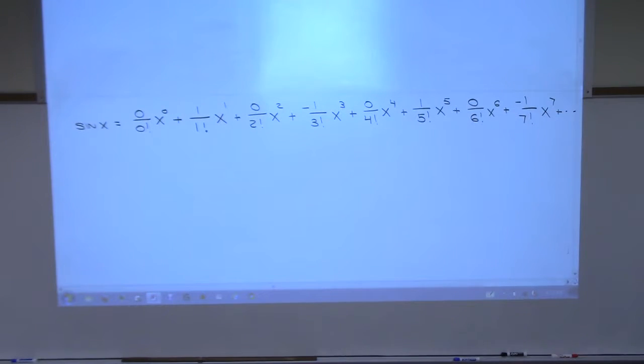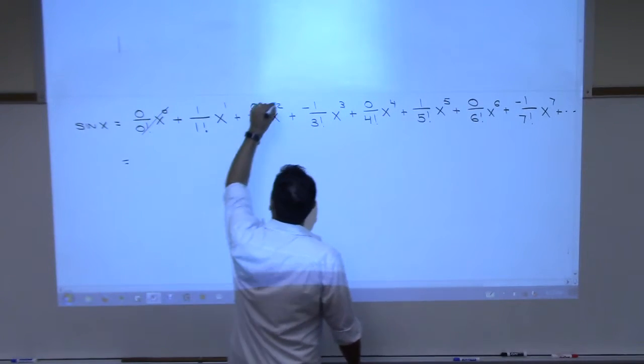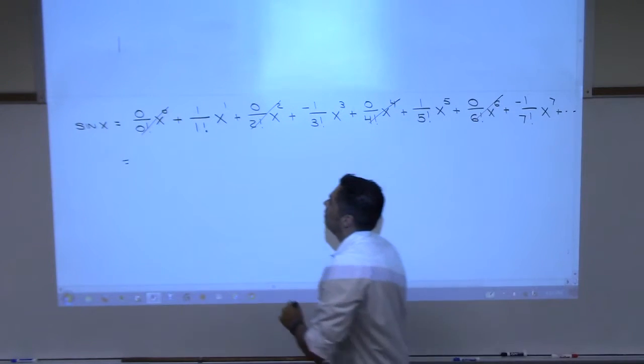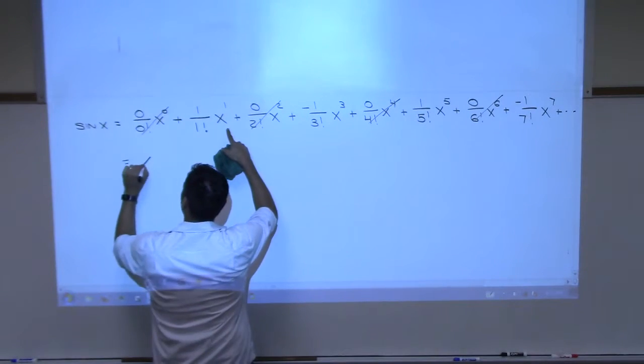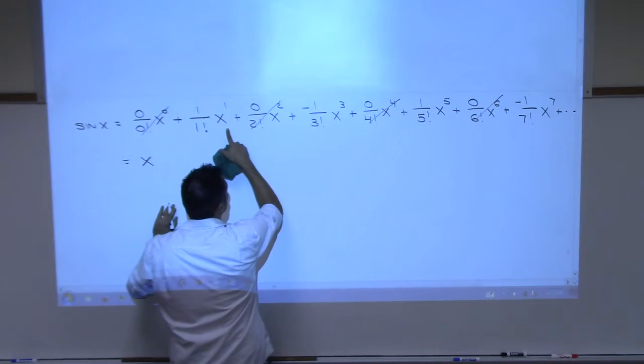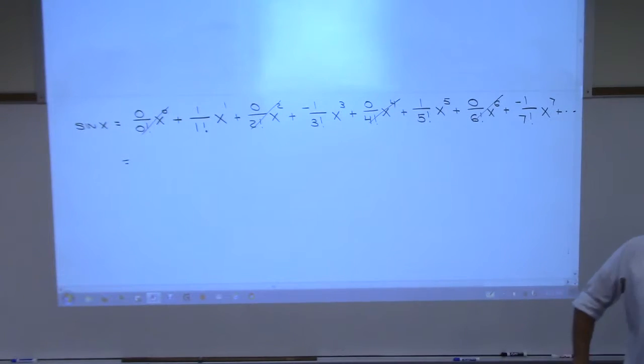A bunch of those are zeros, aren't they? That's gone, that's gone, that's gone, that's gone. So this is just x, right? Well, you know what? Can you write that in sigma notation?